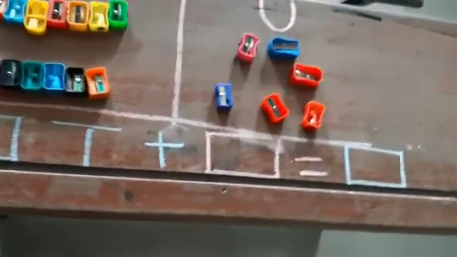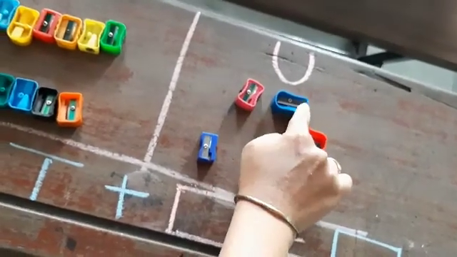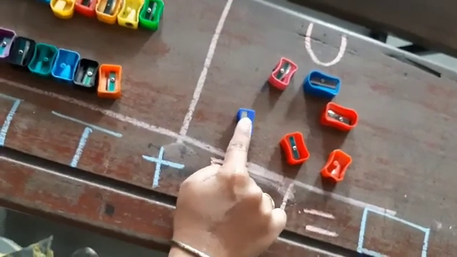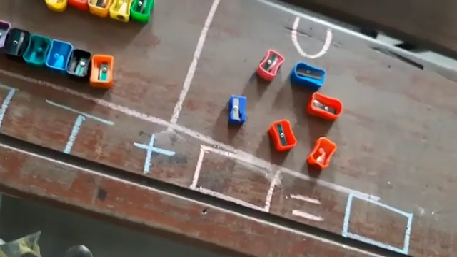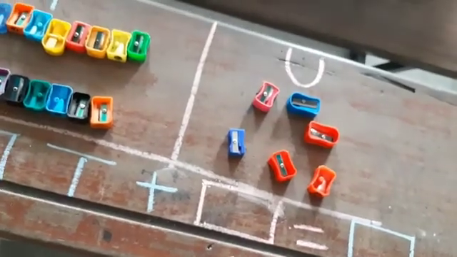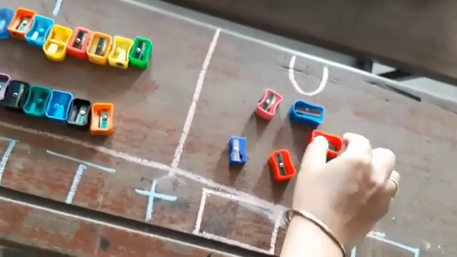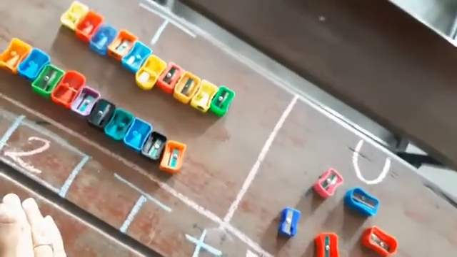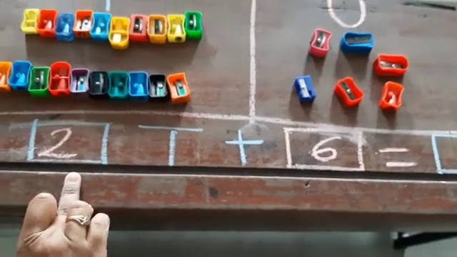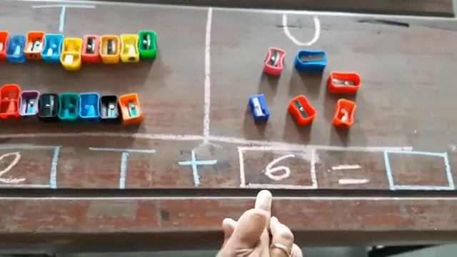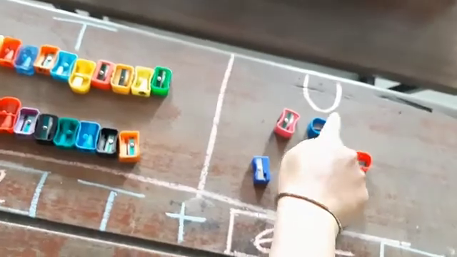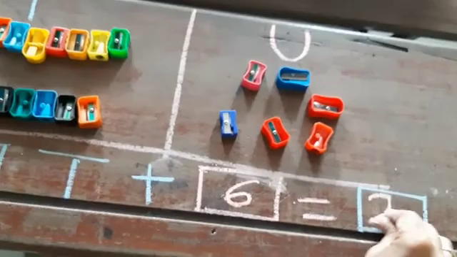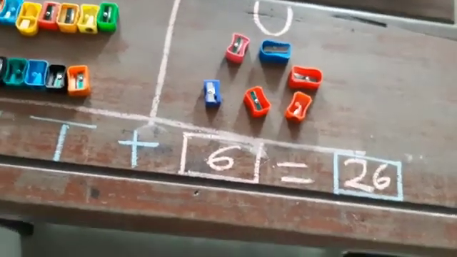Let's count units. 1, 2, 3, 4, 5, 6. These are single units. So how many sharpeners in units? 6. 2 tens is 20 plus 6, 21, 22, 23, 24, 25, 26. So the answer is 26.